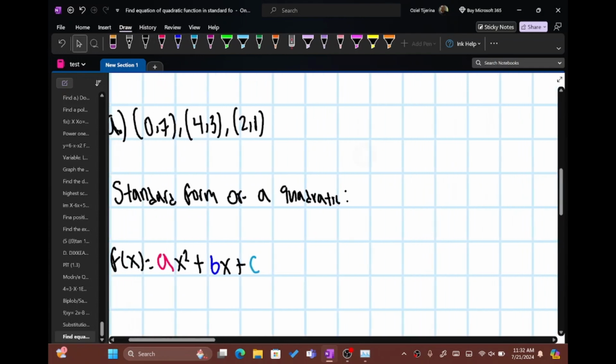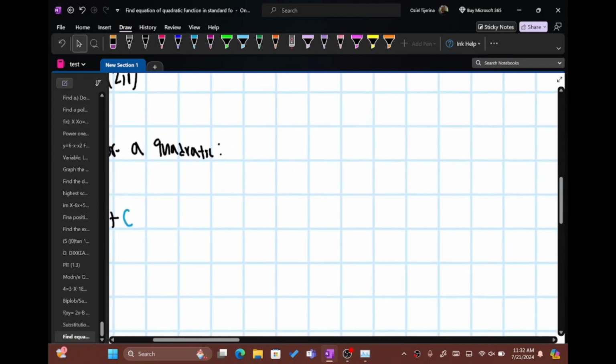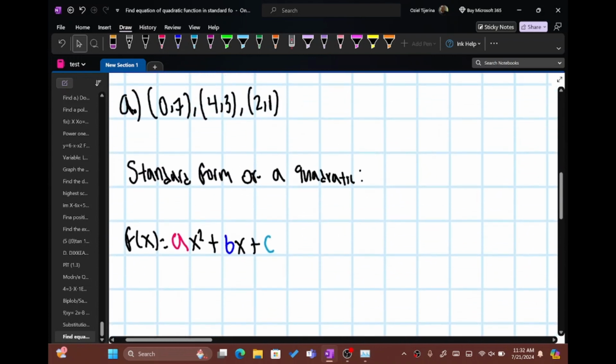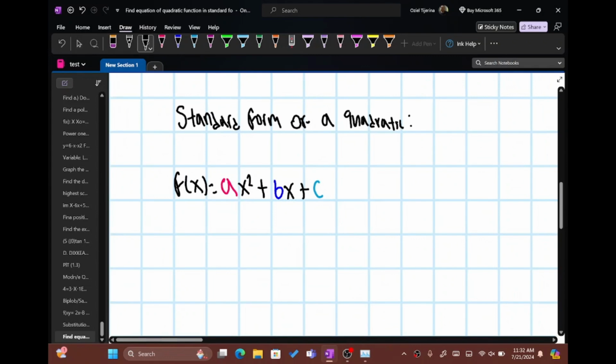One of the things they give us for this equation is something very special, and that's the y-intercept. Remember that the y-intercept is the point (0, c).